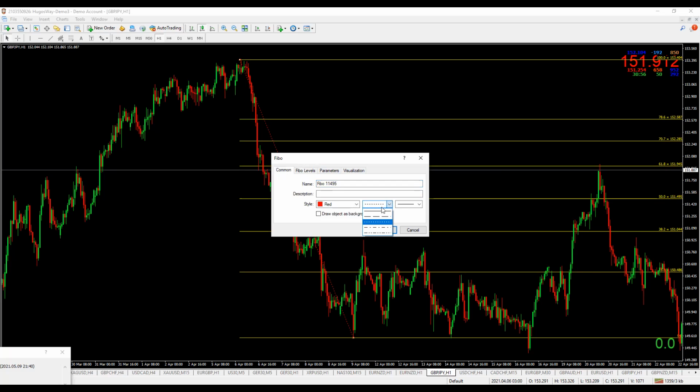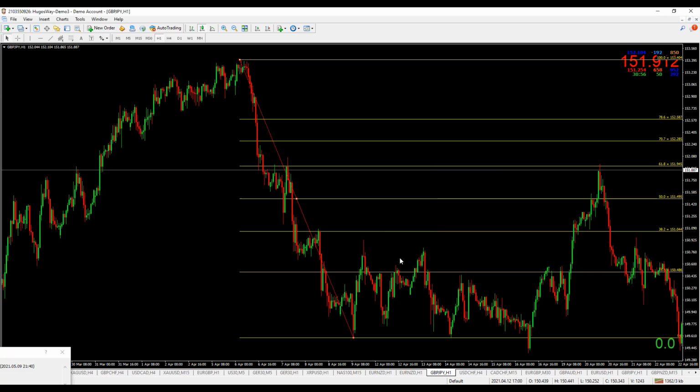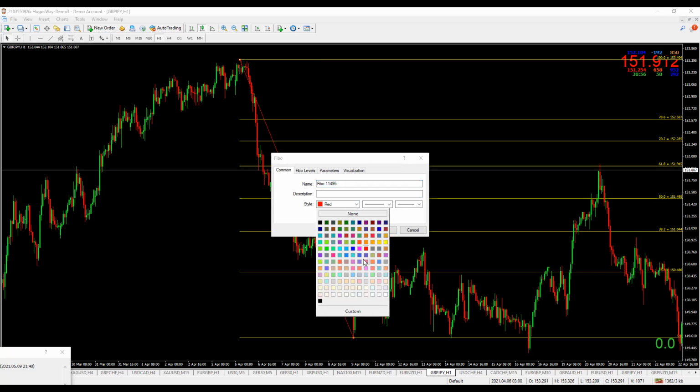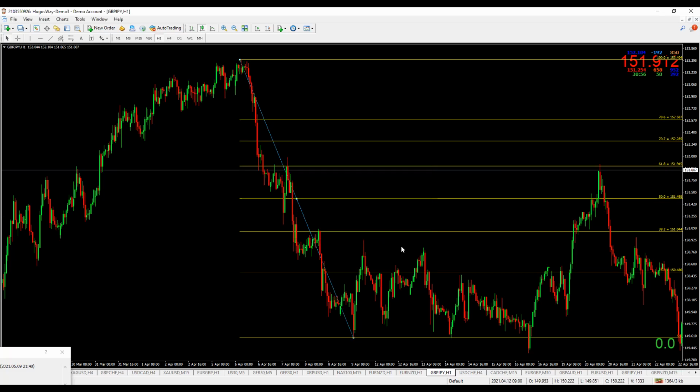Let's make it a solid line, just in case it's still not showing properly. Maybe we'll try a deep sky blue. Okay, I think it's showing better now. So we see the Fibonacci trend line.